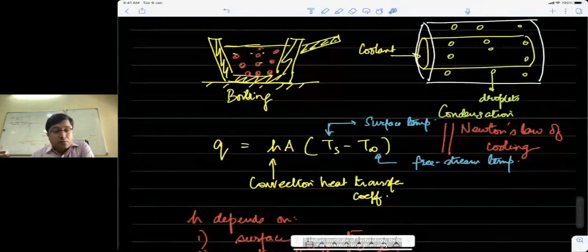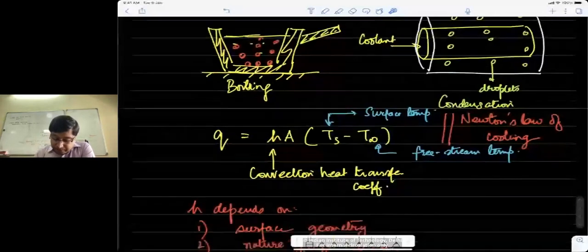In case T infinity was more than Ts, Q will come out to be negative, and the convention that we are now using is that a negative Q means you are supplying heat from the fluid to the solid. So that convention should be clear in your mind: whether the value of Q is positive or negative means something. A positive value means heat going from the solid to the fluid, and a negative value means heat going from the fluid to the solid.